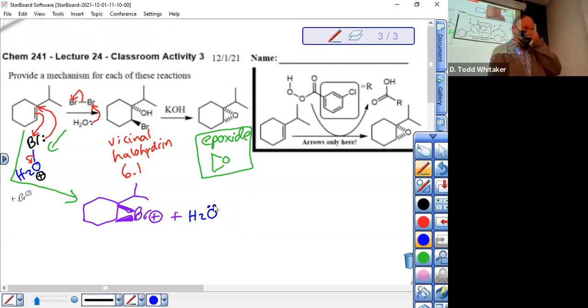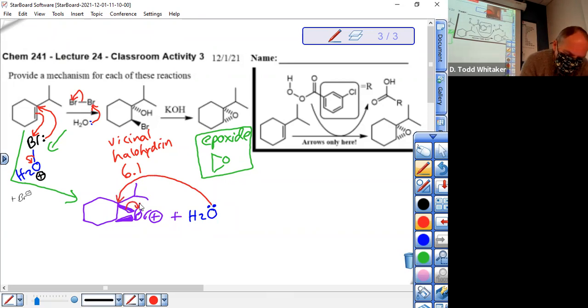Any of the waters that are floating around, the solvent, going to do a backside attack on which carbon? More substituted, because that's the one that spends more time with a plus charge. And plus charge is clearly important here, right? And backside attack.